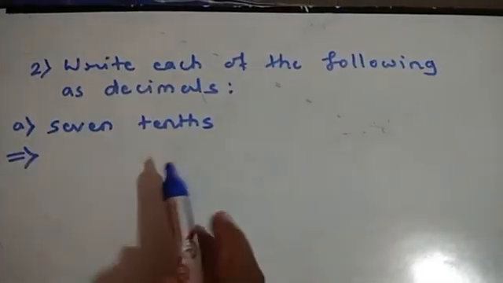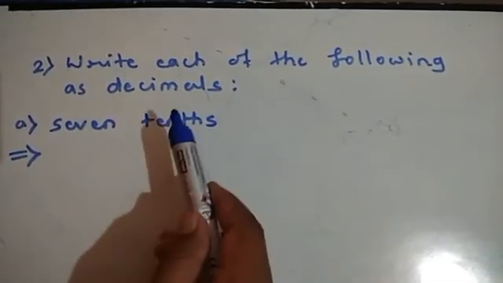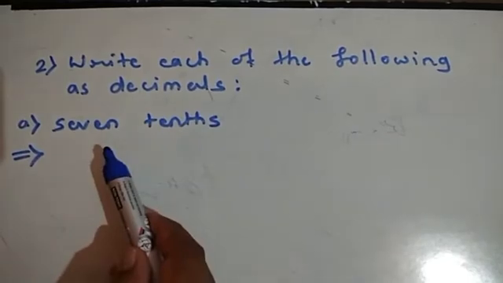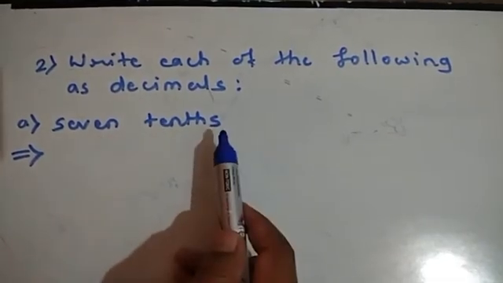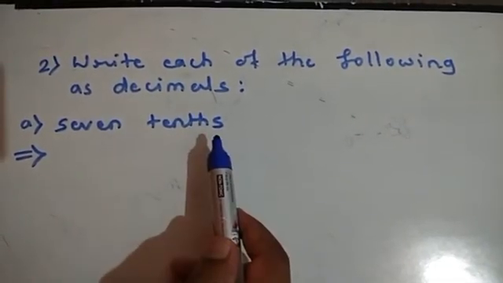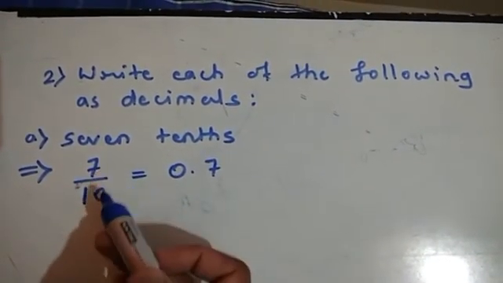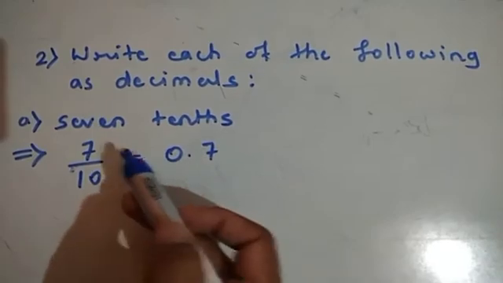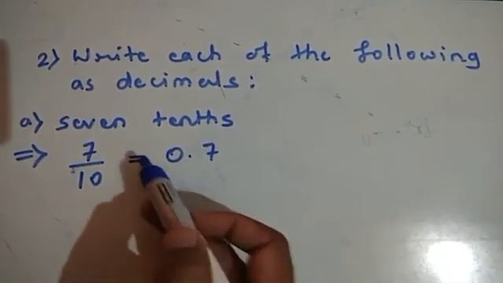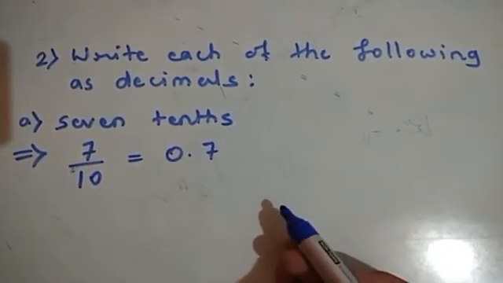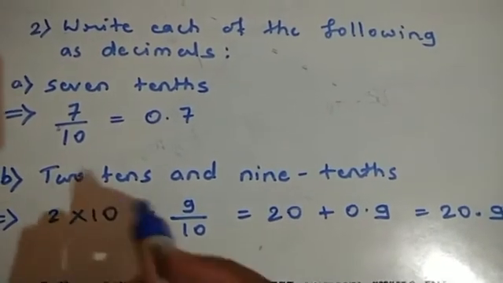The next question is, write each of the following as decimals. Now see here, first example, 7/10. Now this 7/10 we are going to write as a decimal, and that is equal to 0.7. See one more example, 2 × 10 plus 9/10.